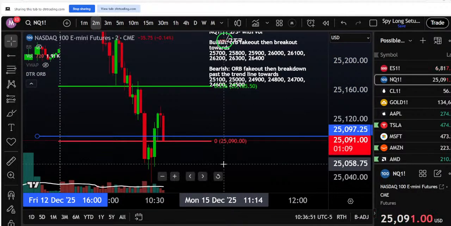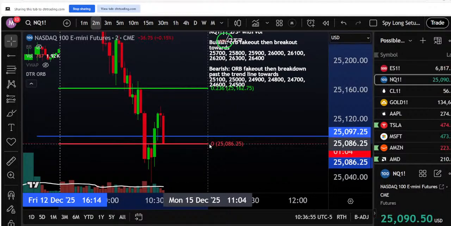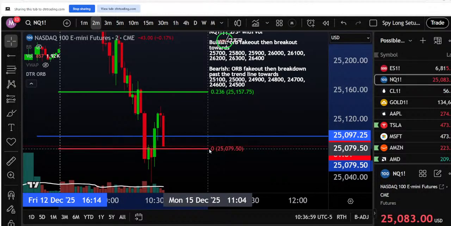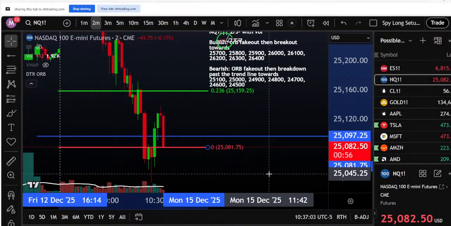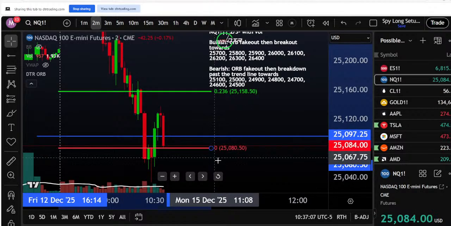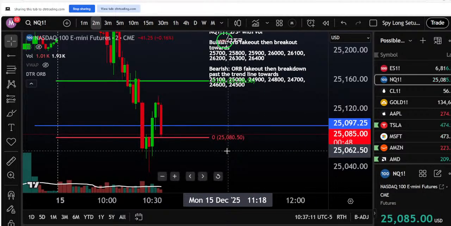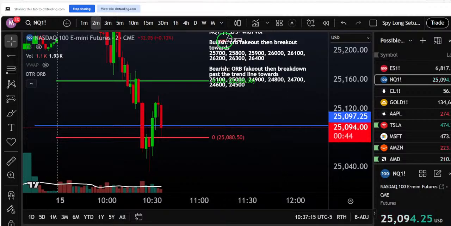A bit mean. Okay, looking at an 80 stop loss now.